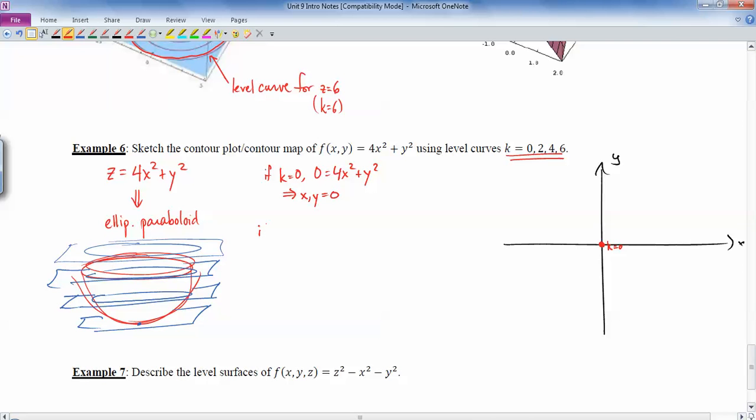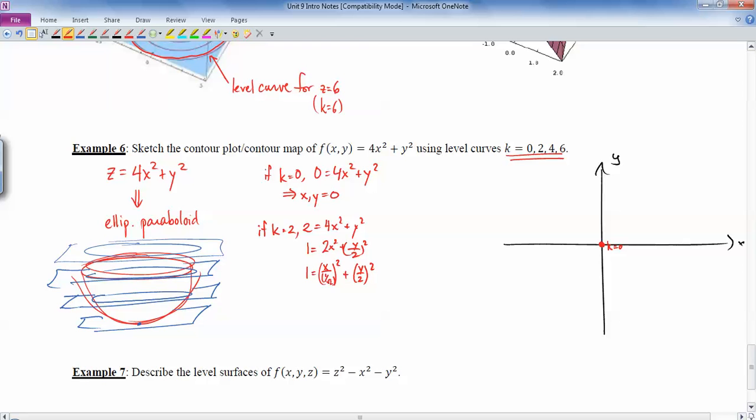Okay, if k equals 2, then we're going to get 2 equals 4x squared plus y squared. And if you rearrange a little bit to get it into a form that we've used in class, you can end up with 1 equals 2x squared plus y over 2 squared. And then you could turn that into 1 equals x over 1 over root 2, all squared, plus y over 2 squared.